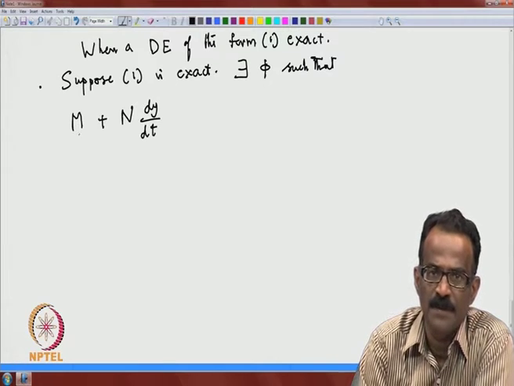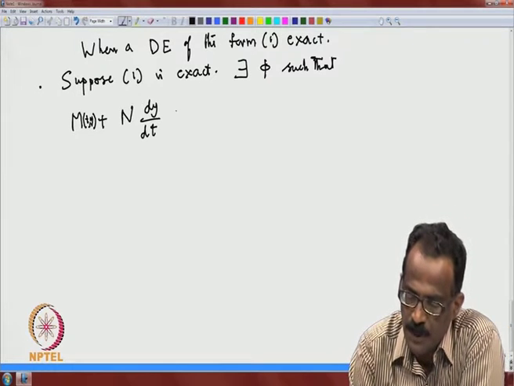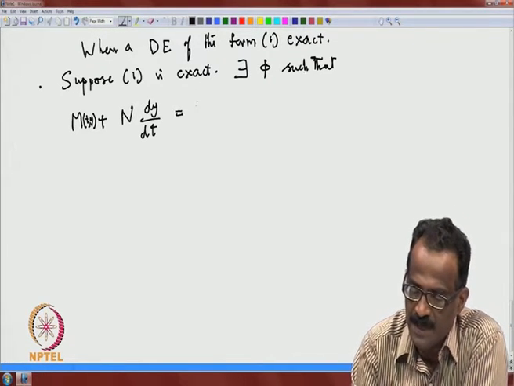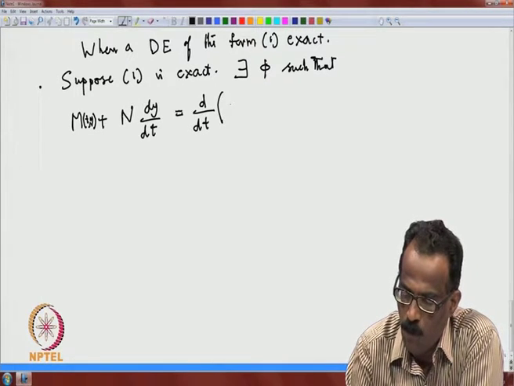I am suppressing the variables t and y; if you want, you can write M(t,y) in the beginning. So, if this is exact, there exists a function such that this is equal to d by dt of phi(t,y).